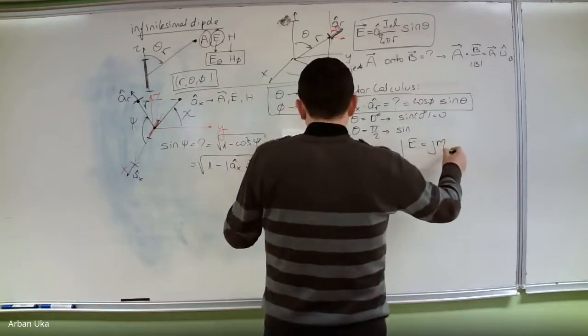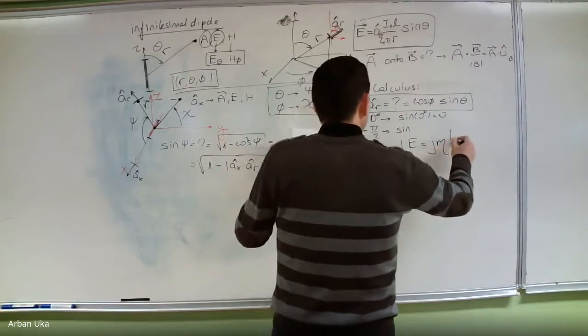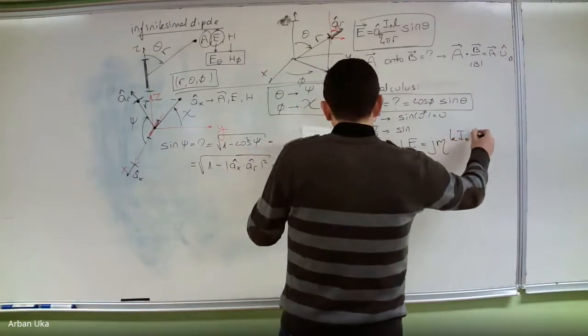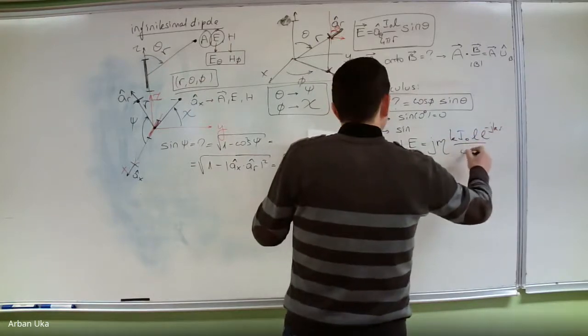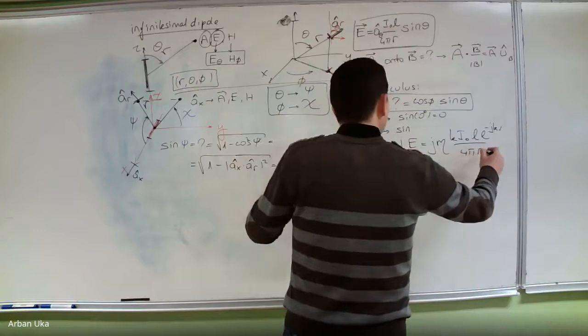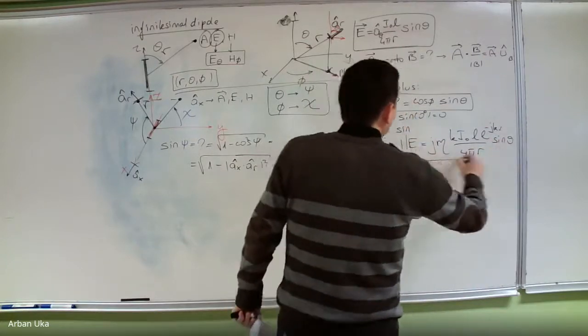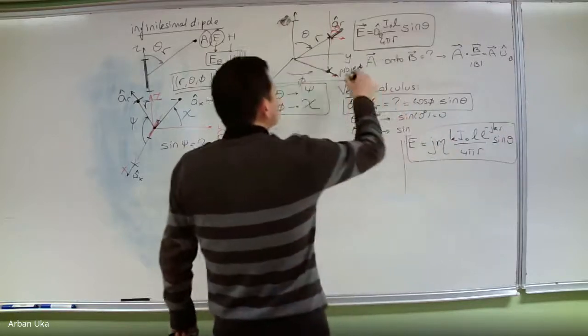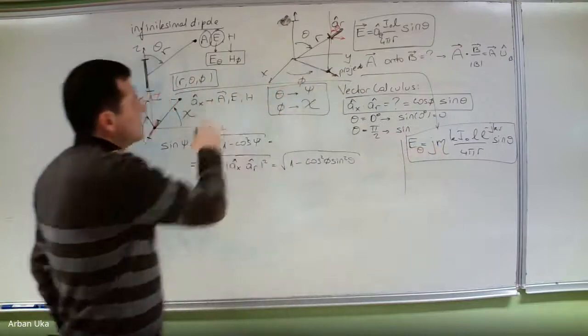This is E, this is K, I0 L e to the power minus jkr divided by 4 pi r times sine theta. So this would be the electric field along the theta direction in this domain.